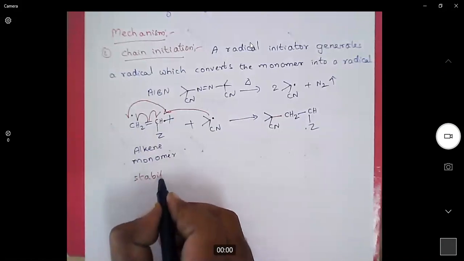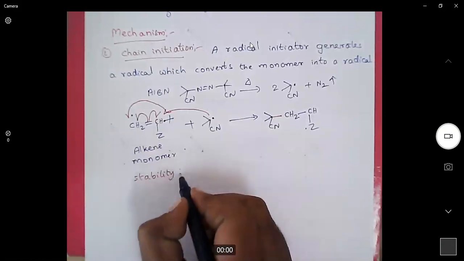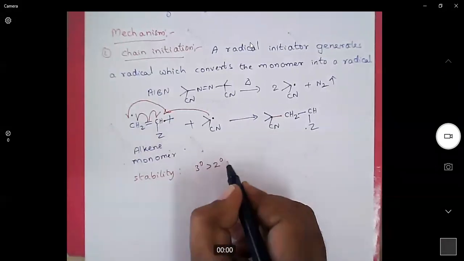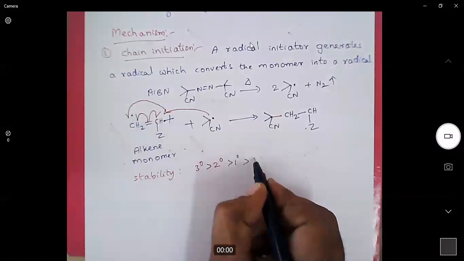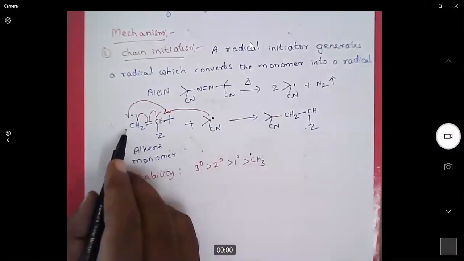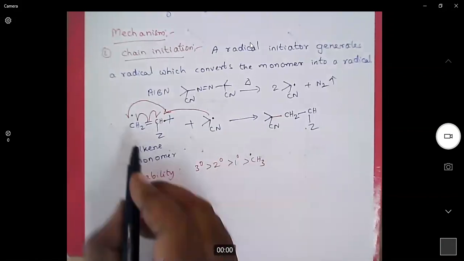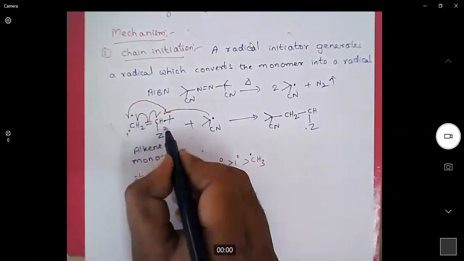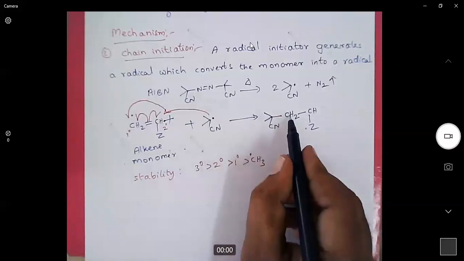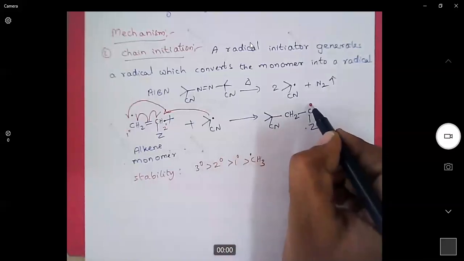What is the stability order for radicals? Tertiary radical is more stable than secondary, than primary, and then methyl radical. So this is a primary radical. Primary radical is more reactive than secondary radical. So this radical adds to the primary radical, then we have a secondary radical here.